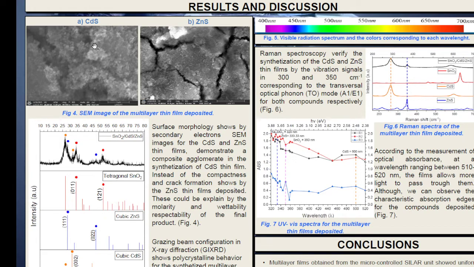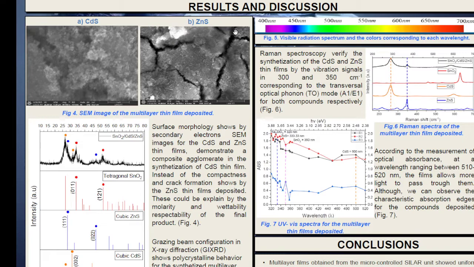For the first one, the agglomerate for the cadmium sulfide has already been studied in some research and is according to these results. On the other hand, in the zinc sulfide, we have a problem.